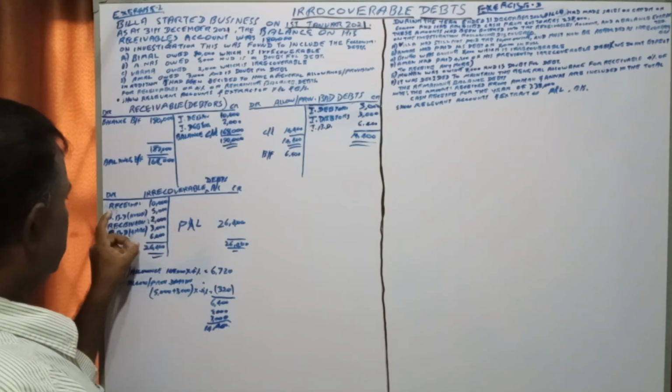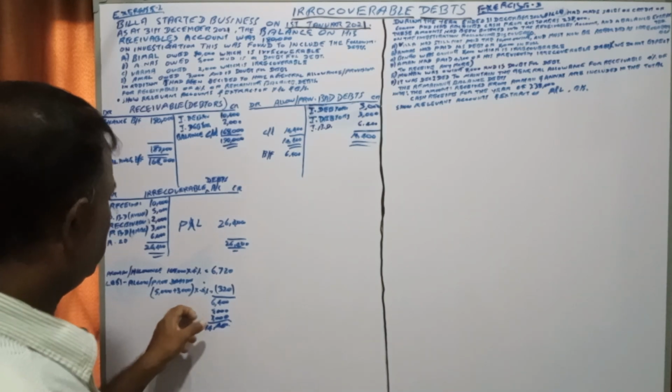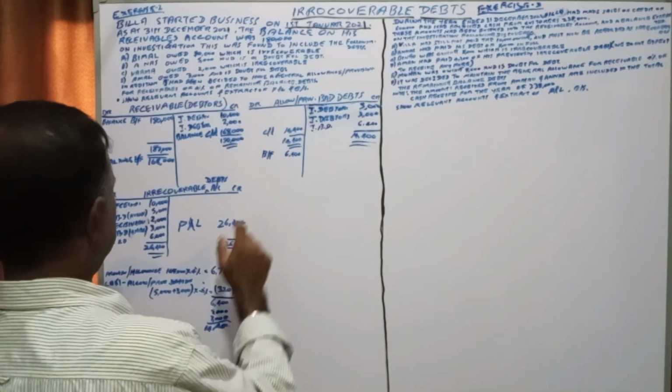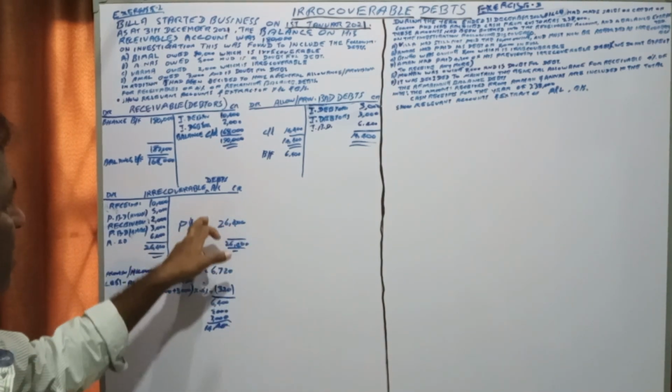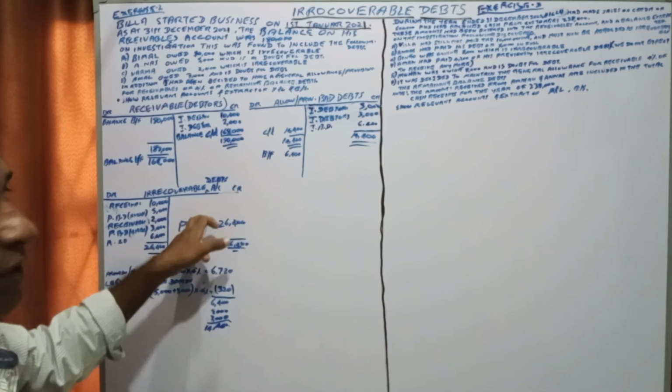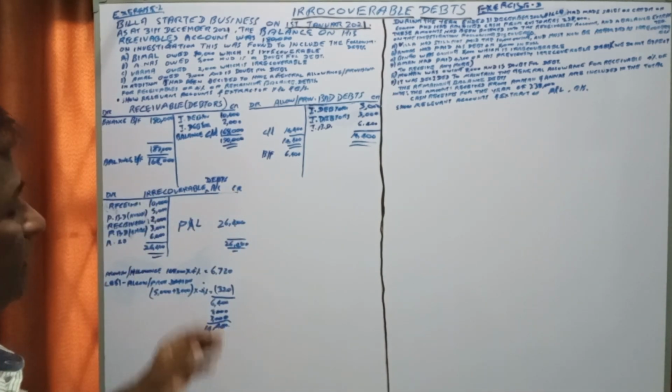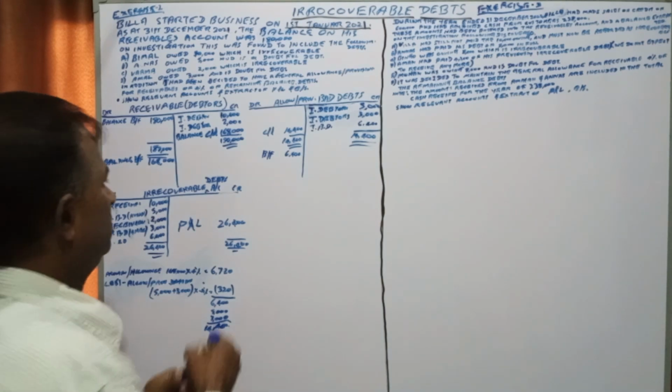That's 6,400 we are making here. This balancing amount will go to the profit and loss account. That is a loss for us because we cannot receive it. Okay.